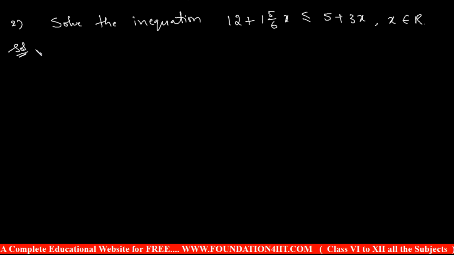Okay, so the given inequation is 12 plus 1 5 by 6x less than or equal to 5 plus 3x. Let's simplify both sides. This is 12 plus 5 by 6; 6 times 1 is 6, plus 5, so 11 by 6.